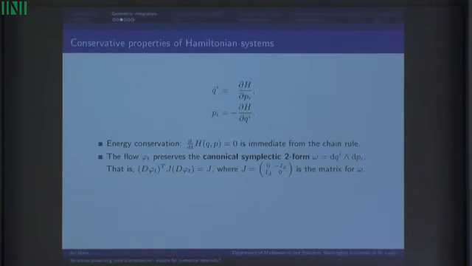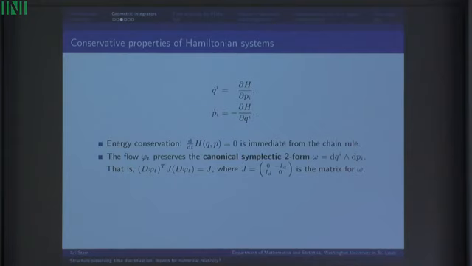A bit more subtle, but actually extremely important, is that the flow preserves this differential 2-form, which here, since we're in a vector space, is just a bilinear form, called the canonical symplectic 2-form. I'm writing this as little omega. It's dq_i wedge dp_i, where I'm assuming a sum over i here. A lot of relativity people here, so I don't have to say too much about the Einstein index notation.